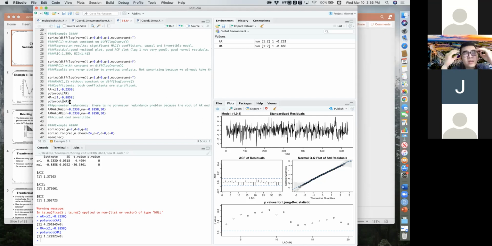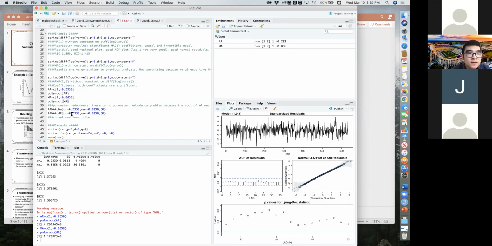The ideas behind both procedures are exactly the same, but they have different ways to set up the polynomials, so you will have different results. As I said, in order not to confuse you, we will not use this polyroot command in R to check the causality and the invertibility of the model.